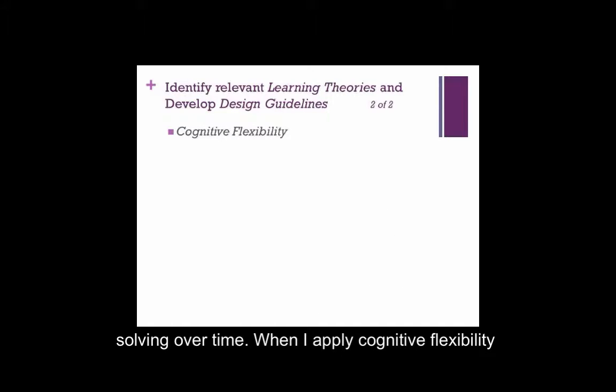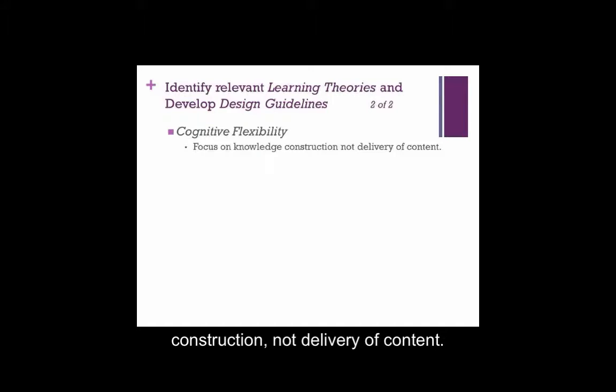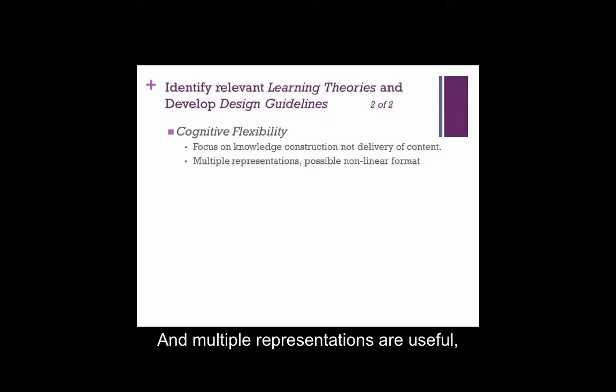When I apply cognitive flexibility theory to strategy development, I have a couple of guidelines that emerge. First, the focus needs to be on knowledge construction, not delivery of content. And multiple representations are useful, possibly in a nonlinear format to encourage that cognitive flexibility.